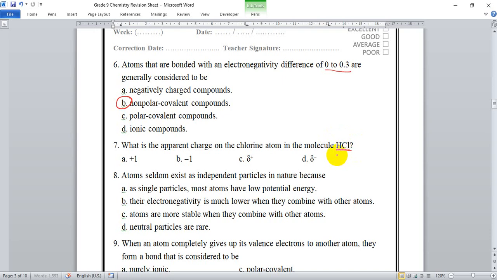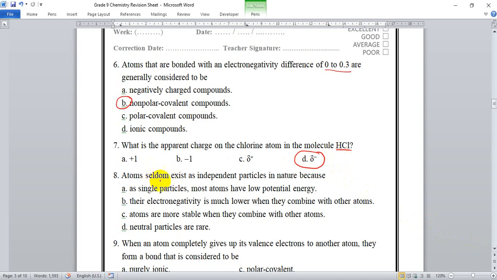The electrons are negative, so it will be partial negative. Why not negative one? Because it doesn't take the electron, but the electrons are nearer to the chlorine atom than hydrogen, so it's partial negative.